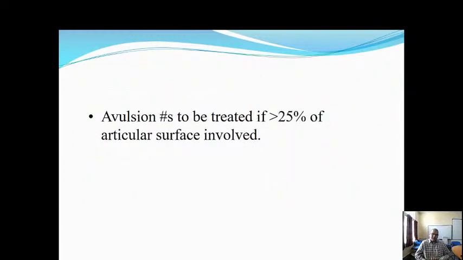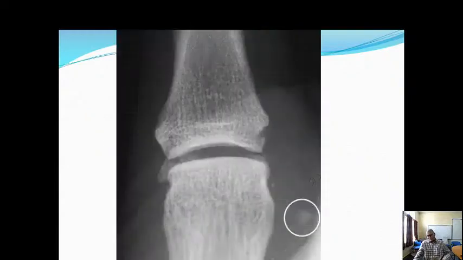Avulsion fractures are to be treated if more than 25% of the articular surface is involved. If more than 25% of the articular surface is involved, we go with fixation of the avulsed bone fragments by means of K-wire. So you can see here that this is the bone fragment which is avulsed from here.